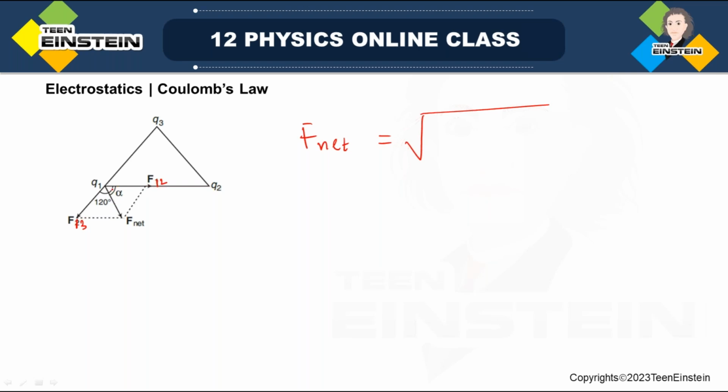This is 120 because this is 60. Equilateral triangle 60, and this is 180. So you just reduce this much. So 120. So what will be the force then? F1 square plus F2 square plus 2 F1 F2 cos of 120. Okay, and see if we do the calculation properly, how much we are getting.